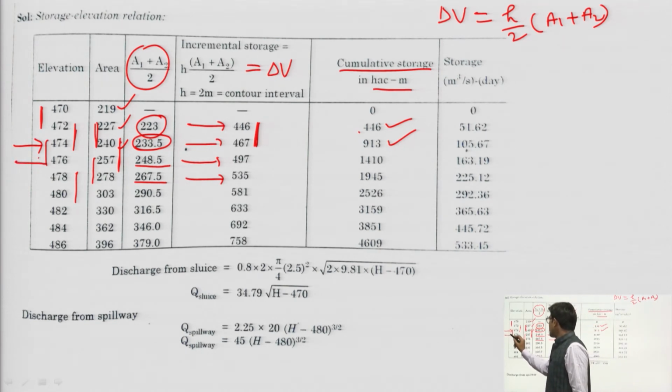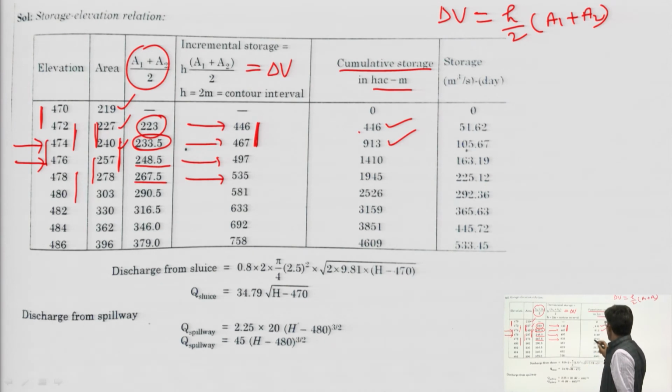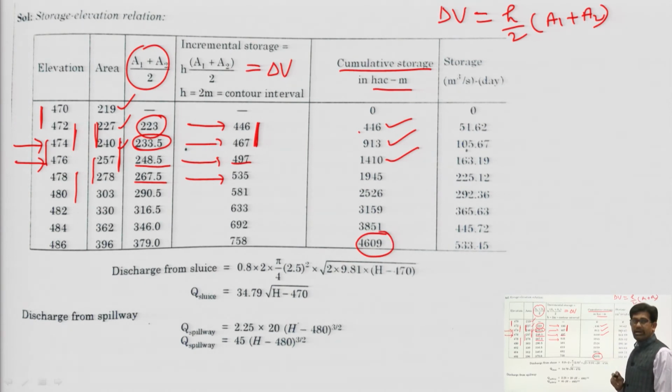Similarly, at elevation 476 the storage is simply 913 plus this one, 1410. Similarly, we have calculated the total quantity of water within the reservoir. Storage in meter cube per second into day can be calculated by multiplying by a suitable factor.